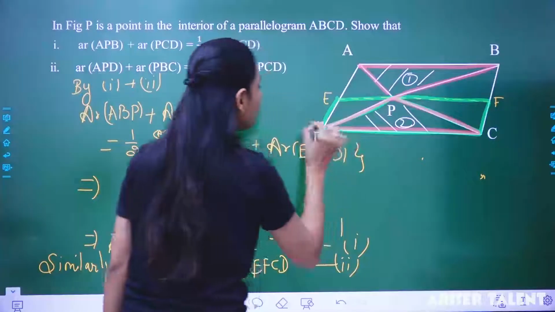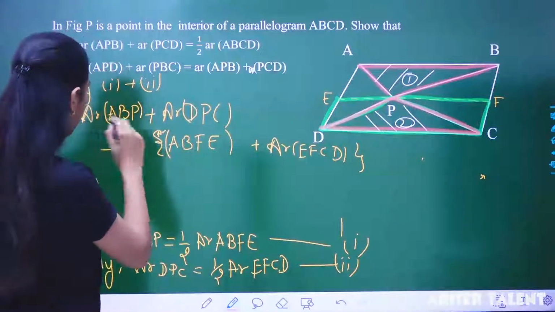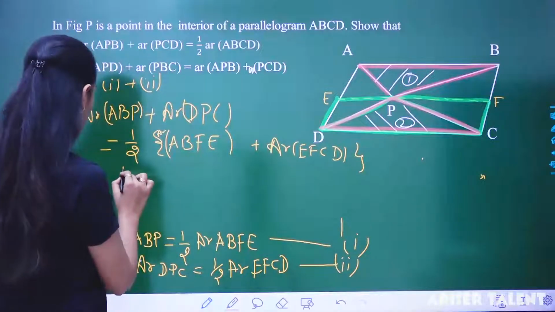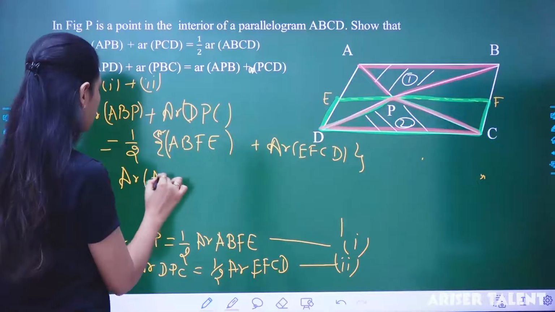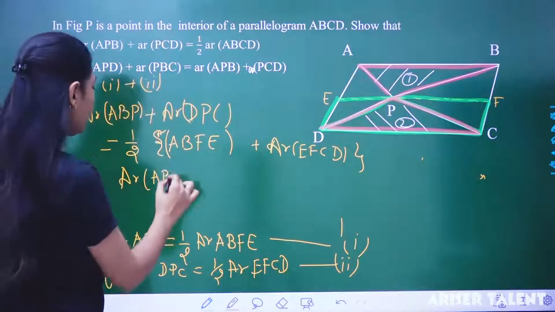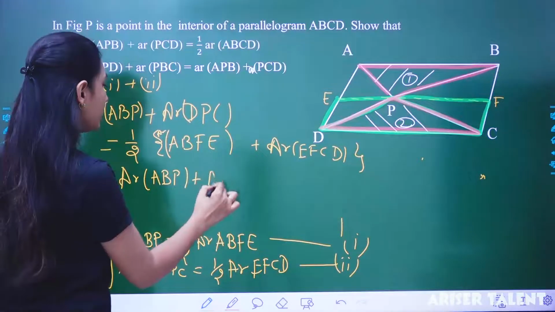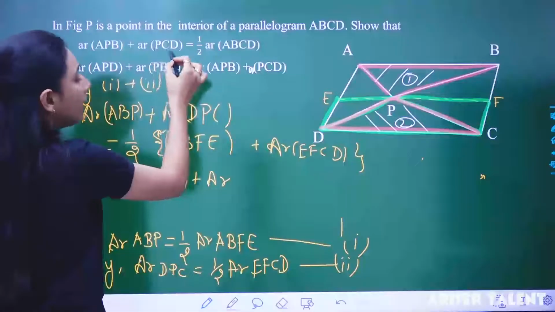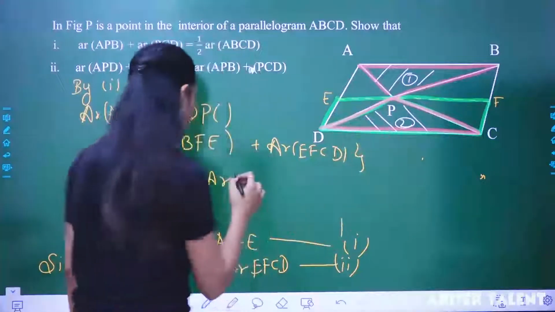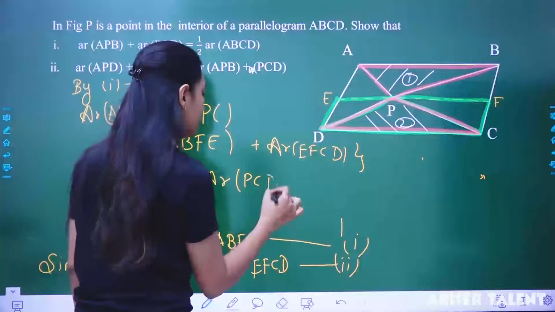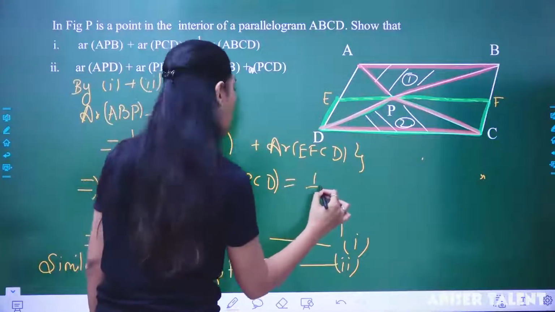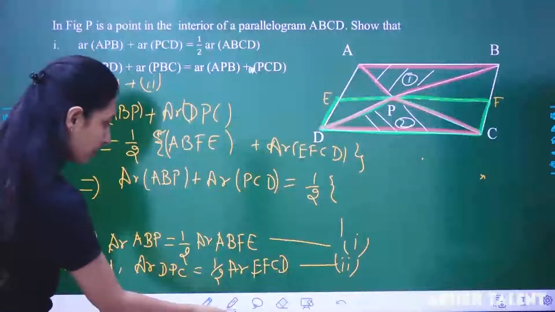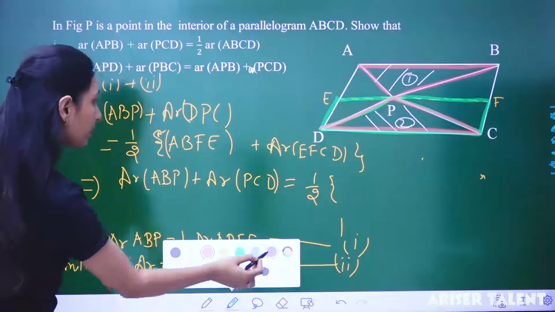We can take half common. So, area ABP plus area DPC, which is the same as area PCD, is equal to half of what area? This plus this. Now, look at this.